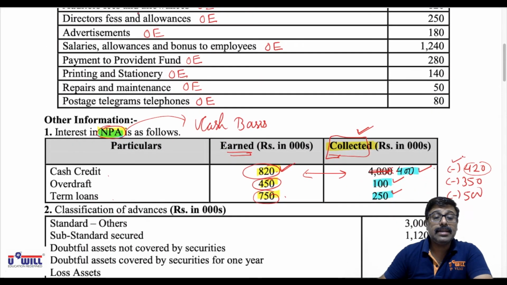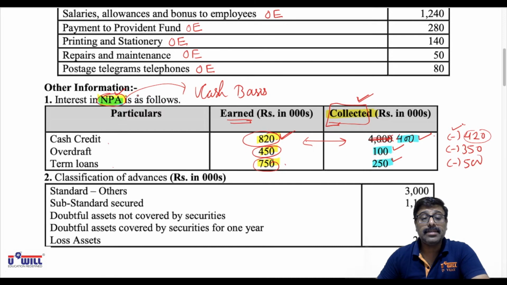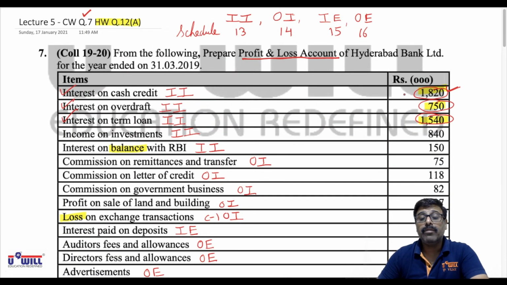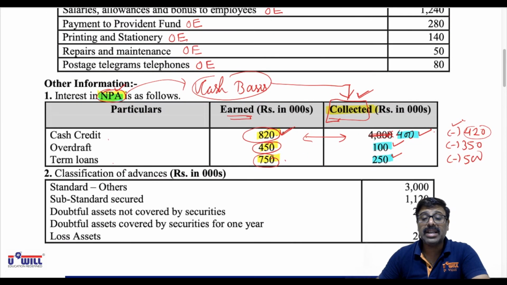Because it is a non-performing asset, we have to take the income on cash basis. So we are supposed to include only the income which is collected. However, in the books of accounts, we always record all the incomes, whether received or not, whether outstanding or not. So 1820 includes 820, which is the actual interest earned. We should have included only 400, so the extra amount 420 we will minus.